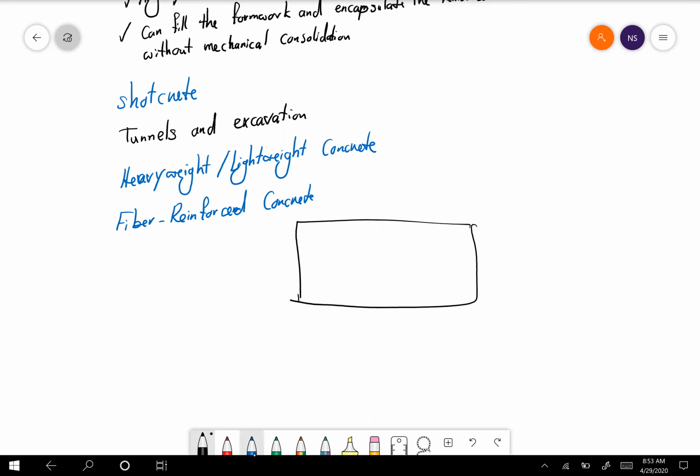And the last ones are roller compacted concrete, or RCC. This is very similar to asphalt, where you place the concrete on the surface and use a roller to compact it.